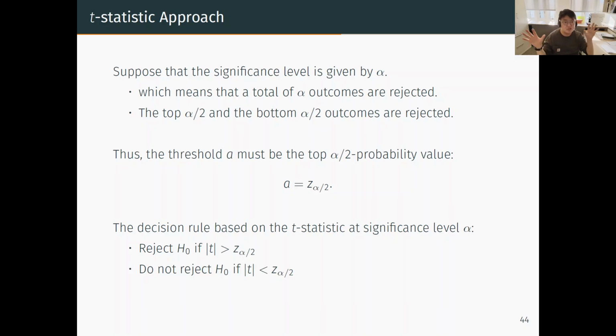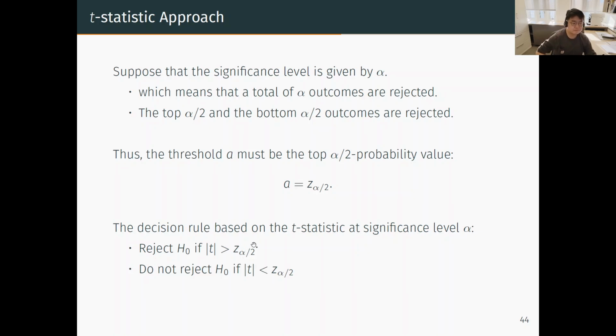You may remember this notation, Z alpha over 2. Z alpha over 2 is the top alpha over 2 probability value from a standard normal distribution. So we have to choose the decision rule in this way so that the t-statistic decision rule is consistent with the p-value decision rule.